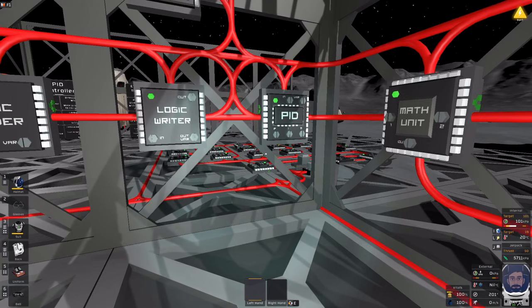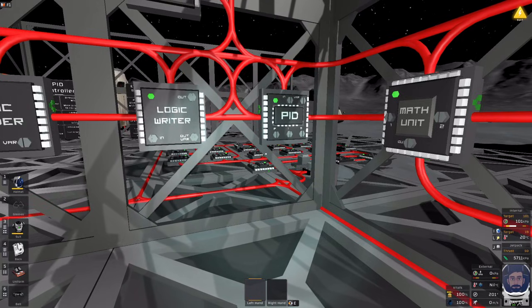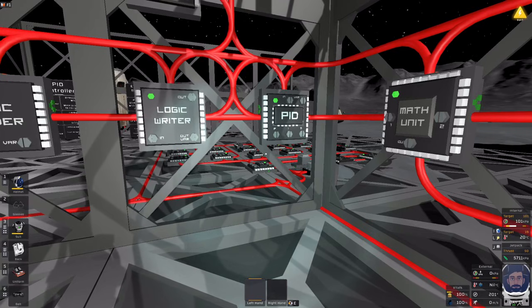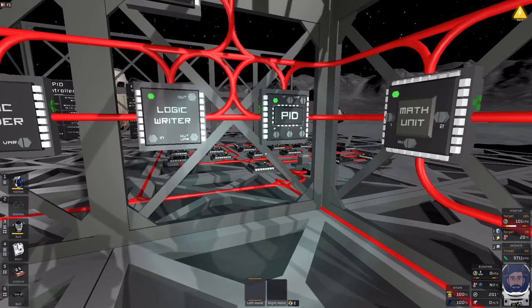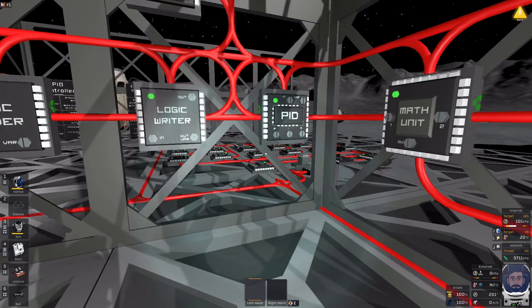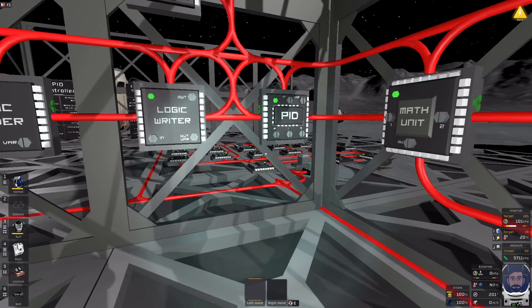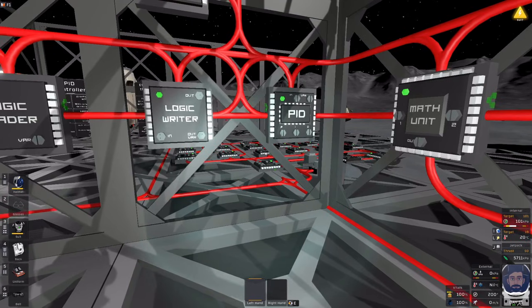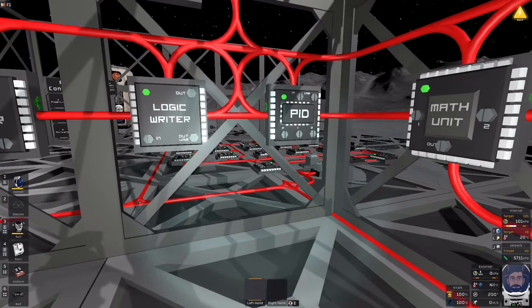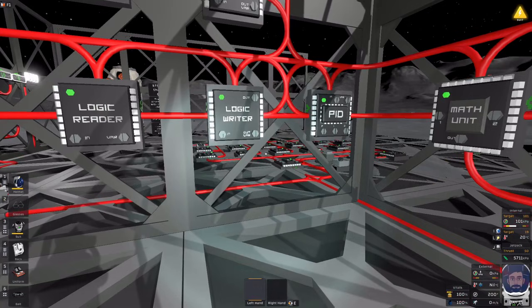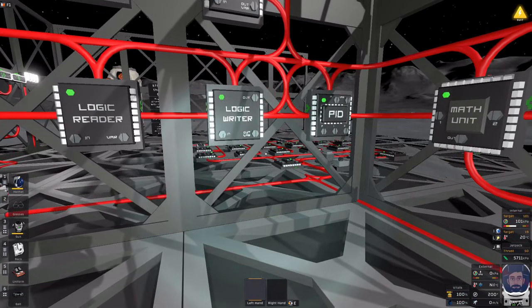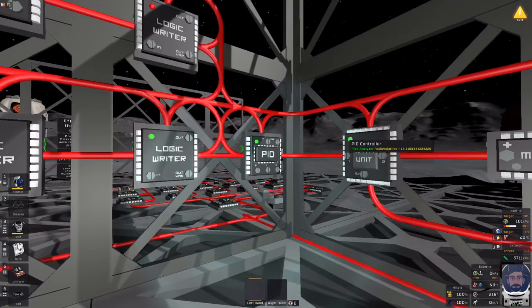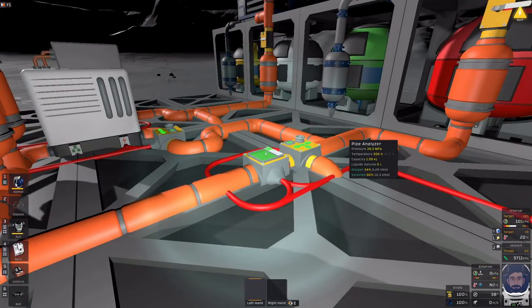But you can't write a -5 to a volume pump, especially if you set it from 0 to 10. Then the PID is going to try to go negative, but instead it's just going to go positive and give you 5 again, which is going to make the problem worse. So you do need to know your process. You do need to be careful before you set one up, and definitely test it out. And this thing will eventually fix itself.